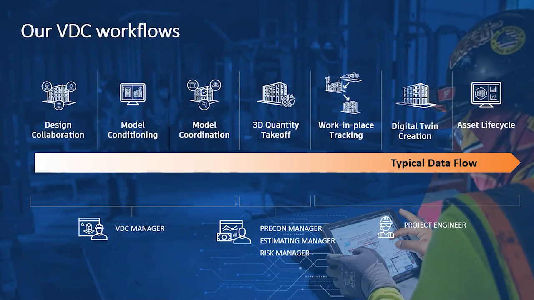Absolutely. So with the typical workflow, Kyle touched on a lot of it in the last slide, in a different format. It starts with design collaboration at the beginning and works through the typical workflow of the project into model conditioning, where you break down and manipulate the model as you need, and then the coordination of the model. That's a big piece of BIM Collaborate. And then into the quantity takeoffs and the digital twin, which is a huge thing from Tandem.